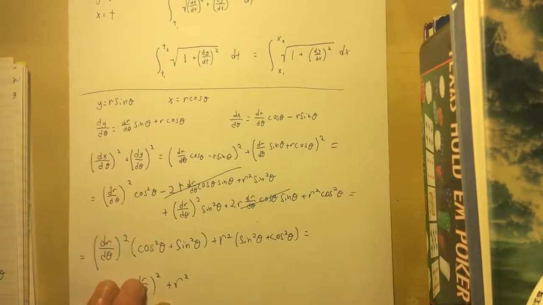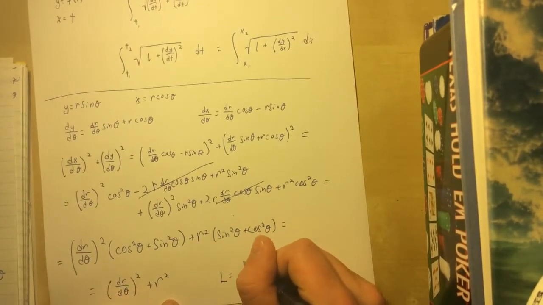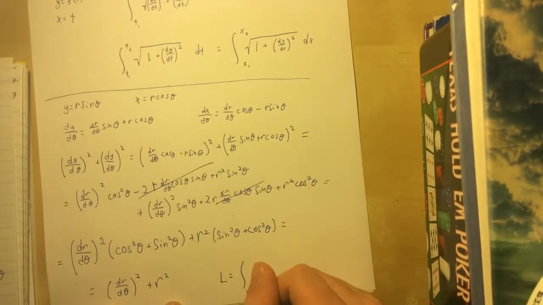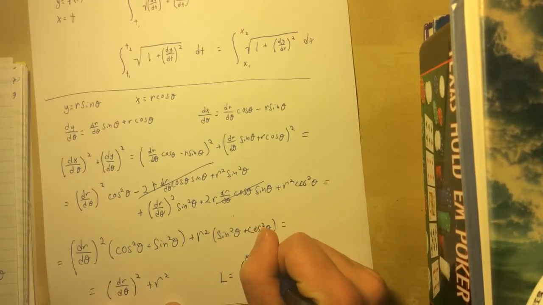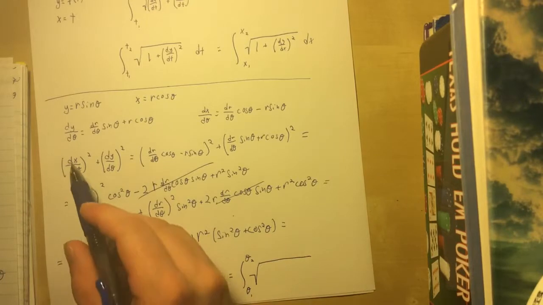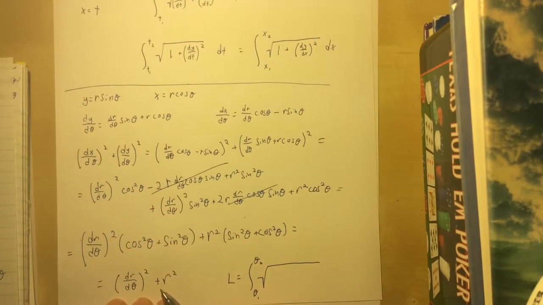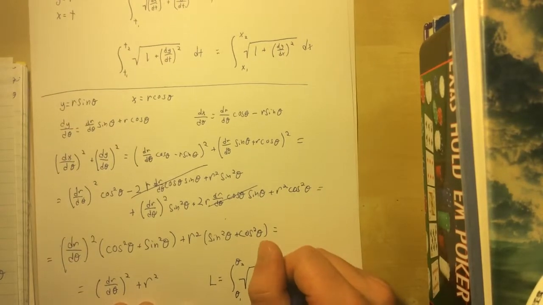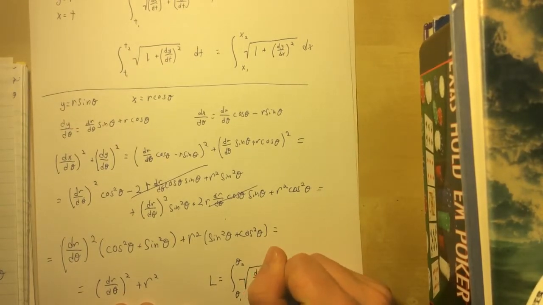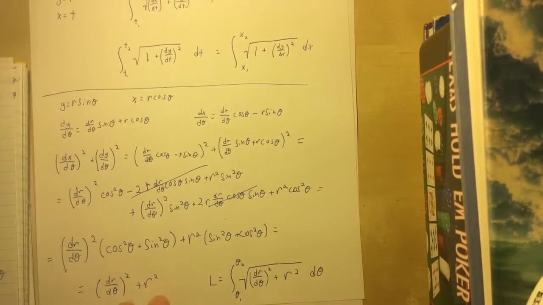So what does that tell us? The arc length, which I'll call L, is the integral, and since our variable is theta, from some theta 1 to some theta 2 of the square root of dx d theta squared plus dy d theta squared, which comes out to be dr d theta squared plus r squared, all with respect to theta.